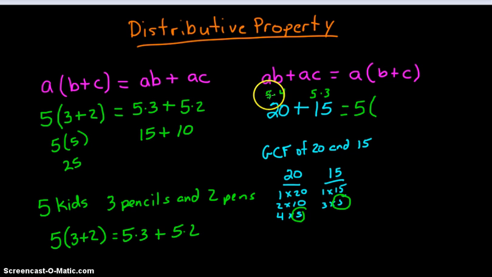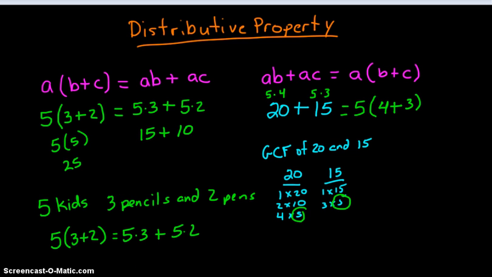But what you can hopefully notice is that the number 5 is in both of them, and that's our greatest common factor. So now we have 5 times. What is B? B was 4. 5 times 4 plus 5 times 3 equals that. So we can work backwards as well.